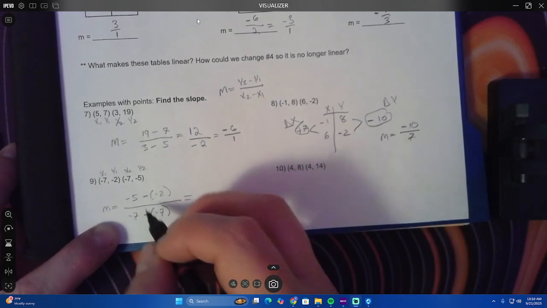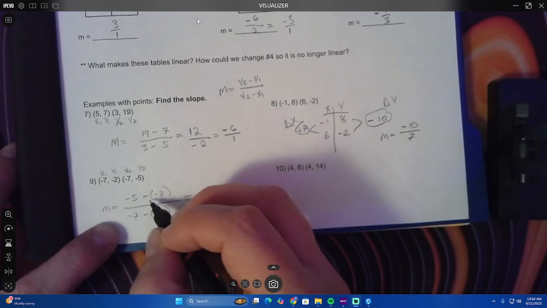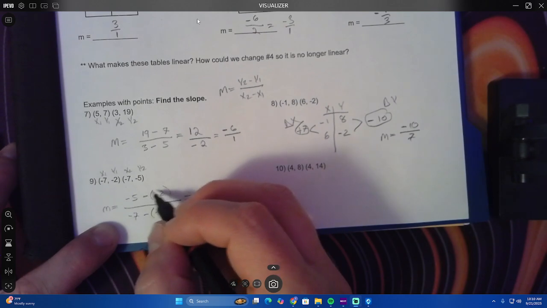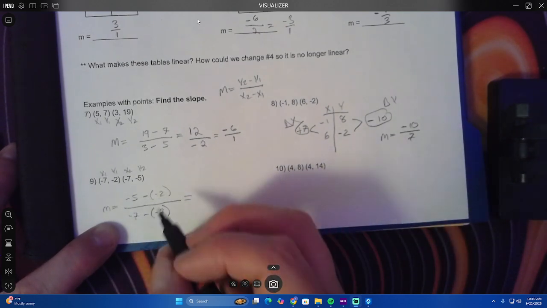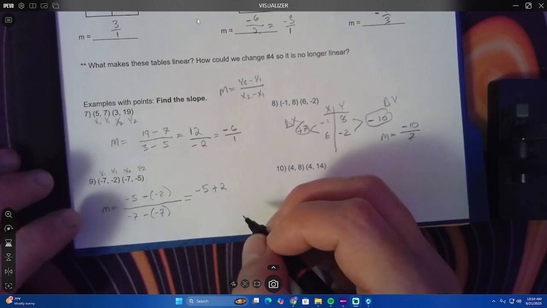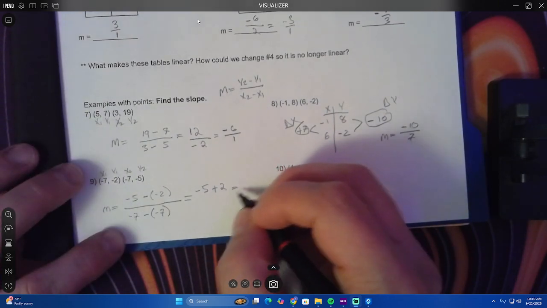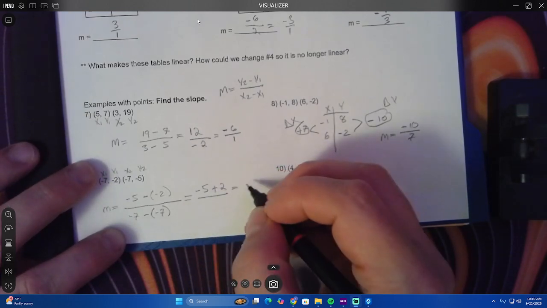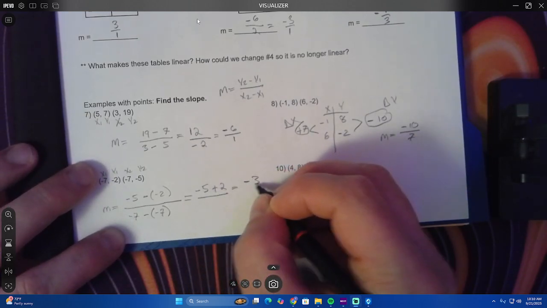Now, I did that because what happens here with this minus? Well, when I have a minus, that turns it into a positive. So this becomes -5 plus 2. Now here, -5 plus 2 on the top, I'm left with a value of -3.